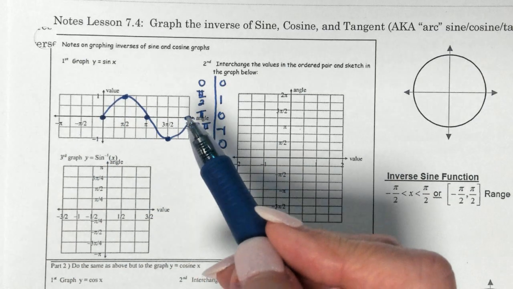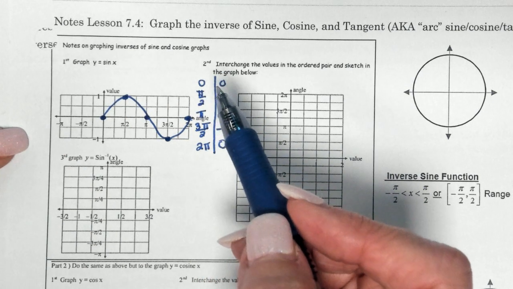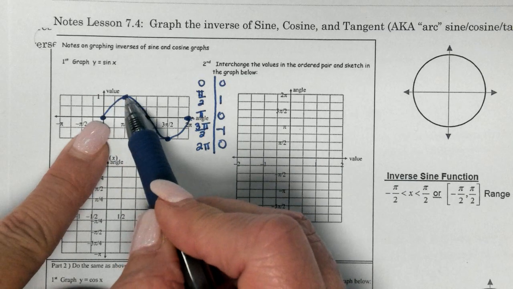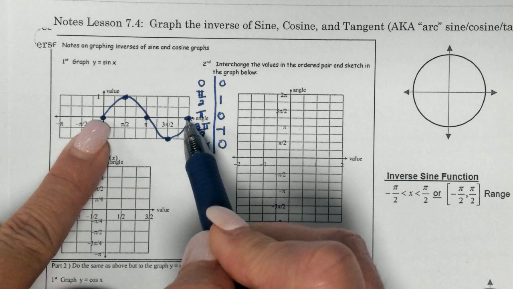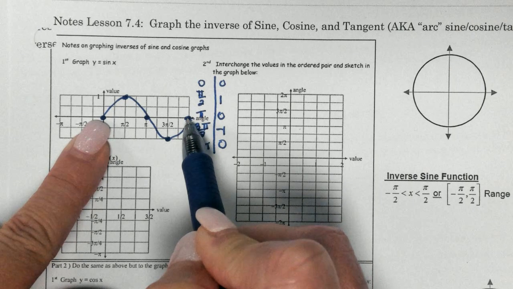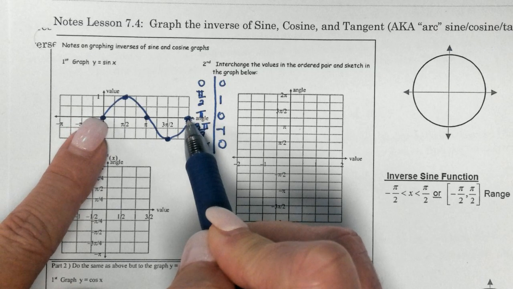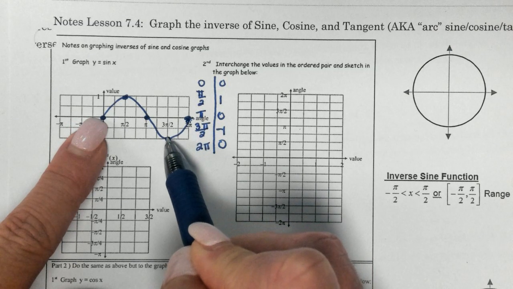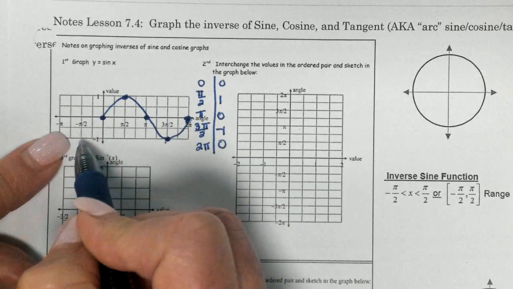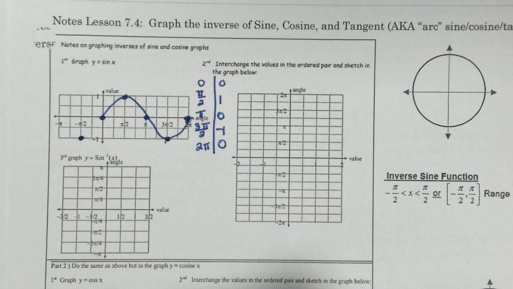Now, this is what I saw people struggling with, was where to put our points going backwards. So the beginning point here is the same as the ending point here. But this point actually begins the next rotation. So if I were to go backwards and then go backwards here, these points would help direct me as to where I should plot that next point.